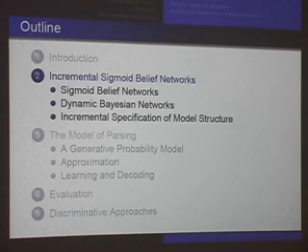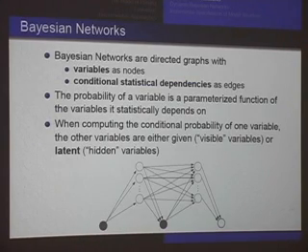Okay, so now I'll introduce the different pieces that go into defining the graphical model, and then the specific architecture. So it's a Bayesian network, which means it's a directed graphical model. The nodes are variables. The links define conditional probability distributions, as probably most of you know.